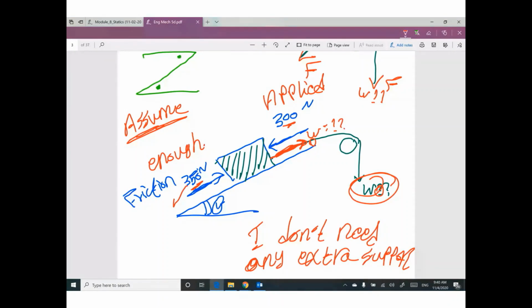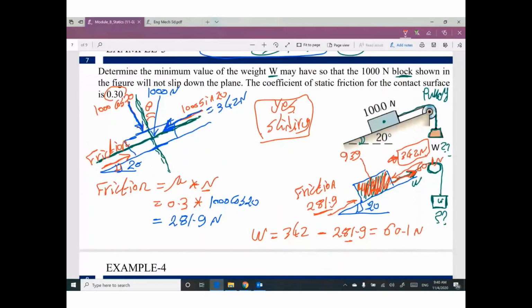For our problem, this did not happen because the friction equals 281 only, but the applied force equals 342. So I expect sliding. So I need extra support. So we need W equal 60.1. And that makes sense. Okay.